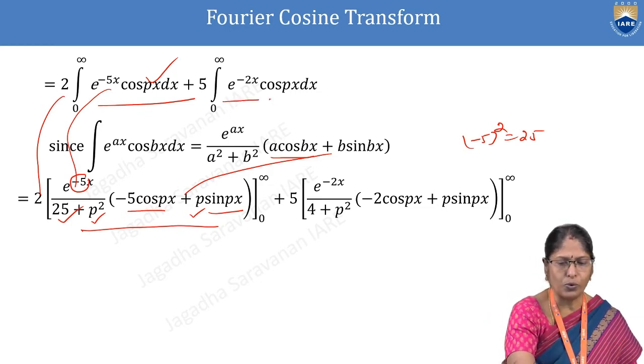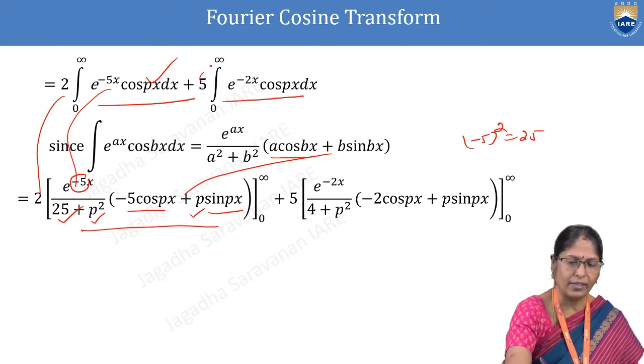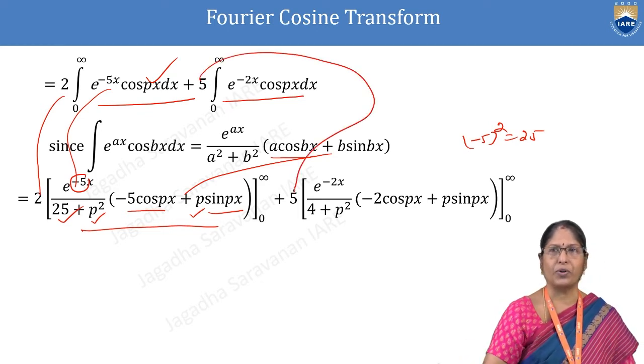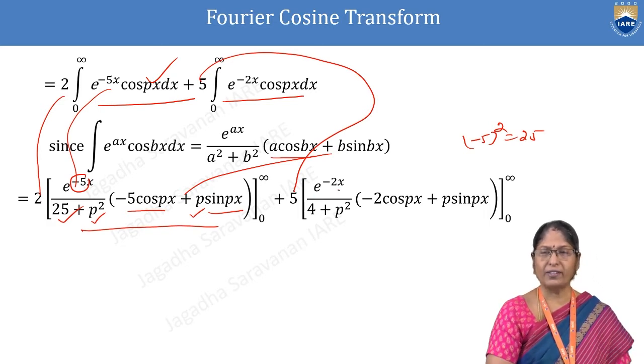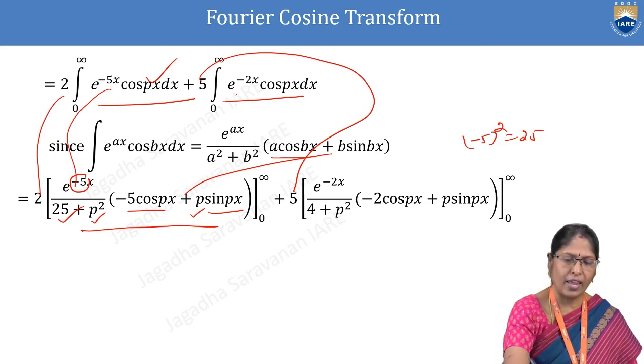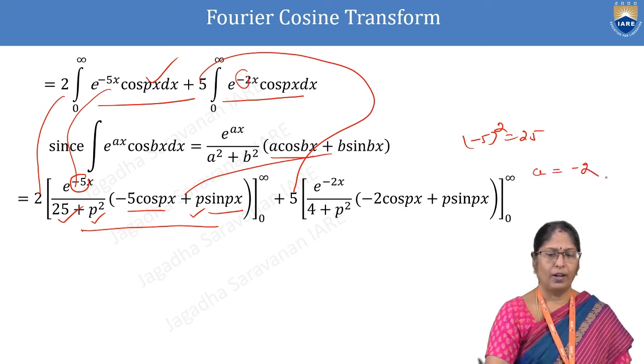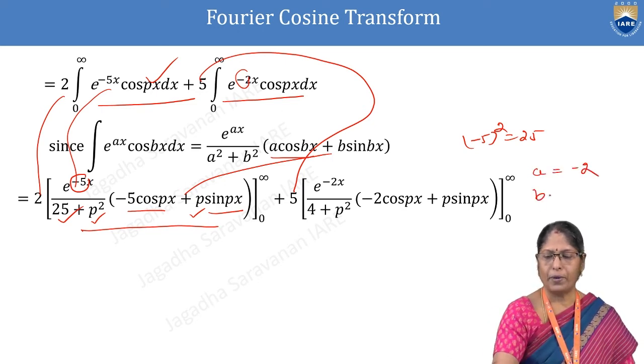Now we will move to the second integral. The minus 5 is written as it is. E power ax, here in the second integral, a is minus 2 and b is p.